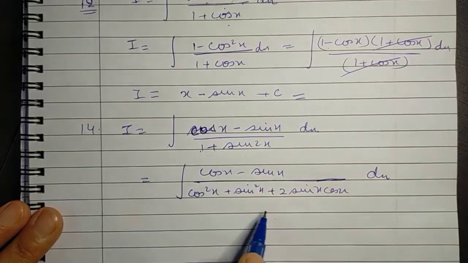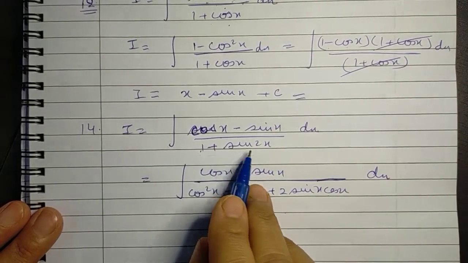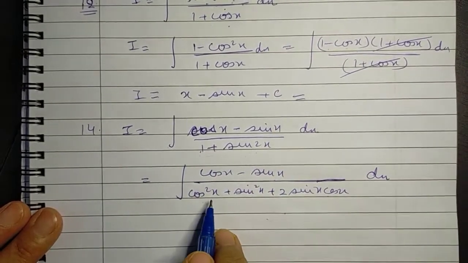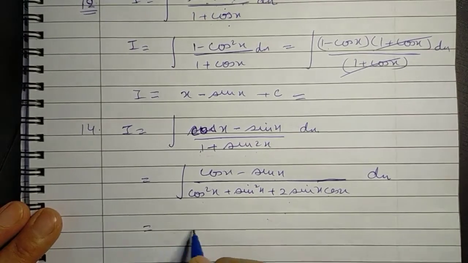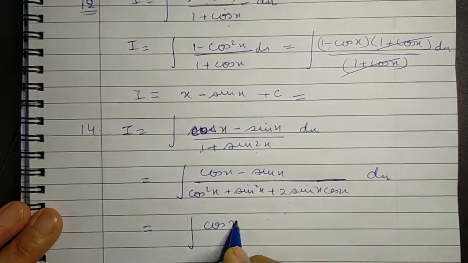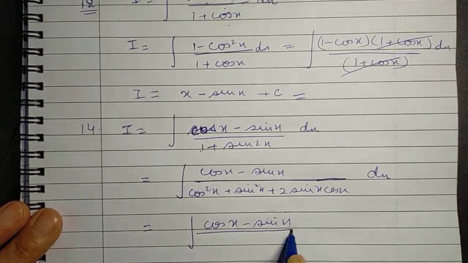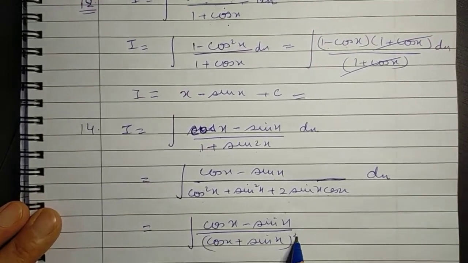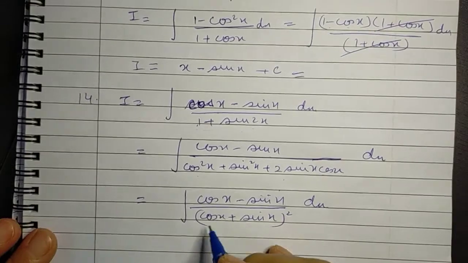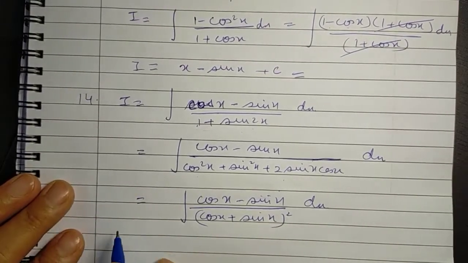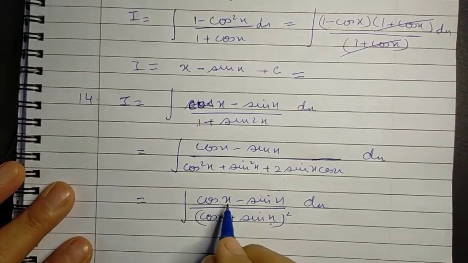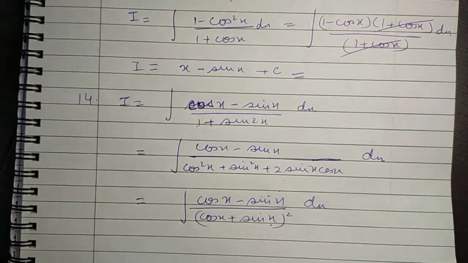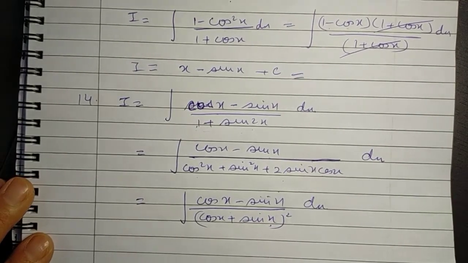We try to do it in this manner only, that 1 plus sin 2x can be written as this. This comes out to be cos x minus sin x upon cos x plus sin x whole square. Now it becomes a substitution question, that is, we put the denominator as t, the numerator is dt, and it can be easily solved.